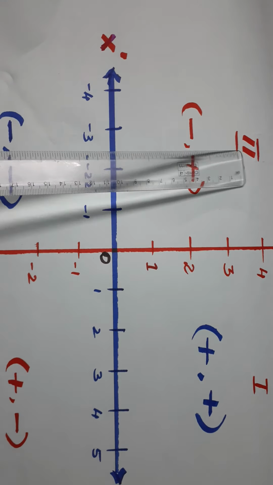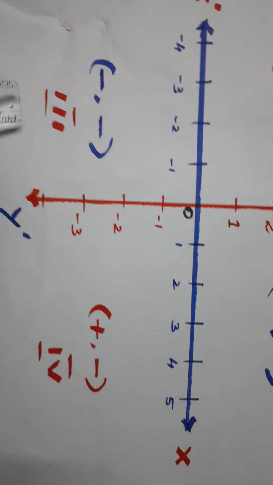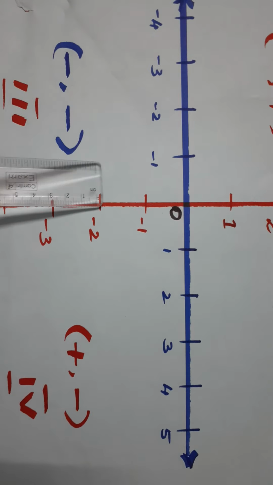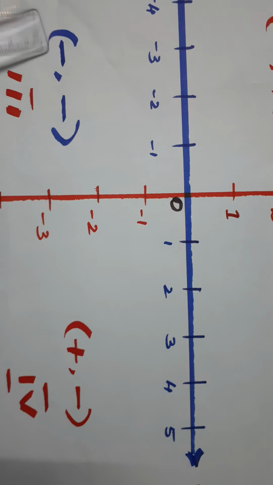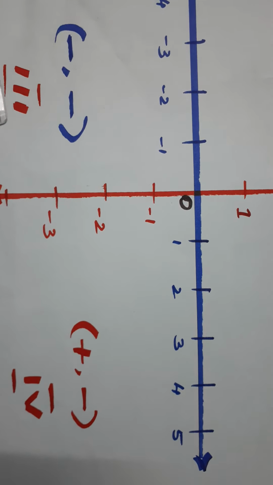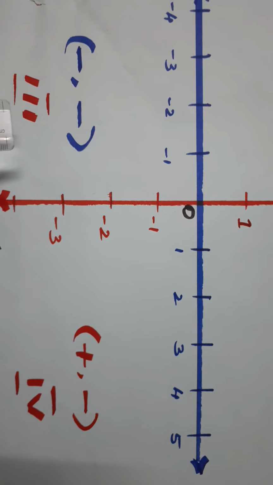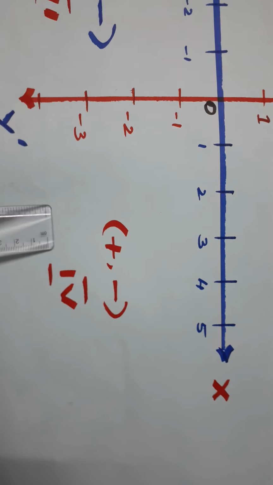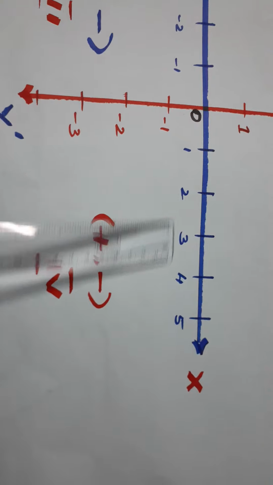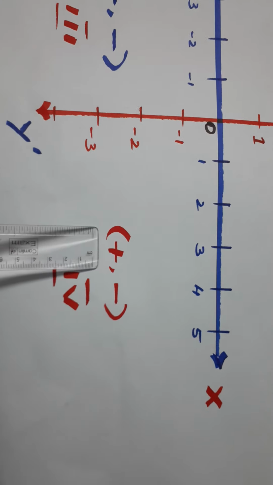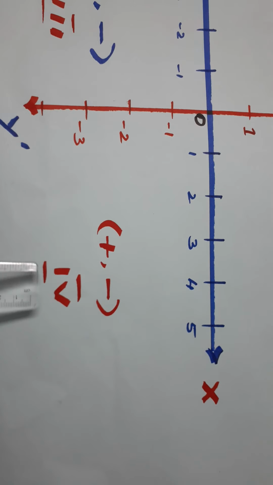This is the second quadrant. See the third quadrant. Both x values and y values are negative. See the fourth quadrant. Here x values are positive, y values are negative. This is the fourth quadrant.